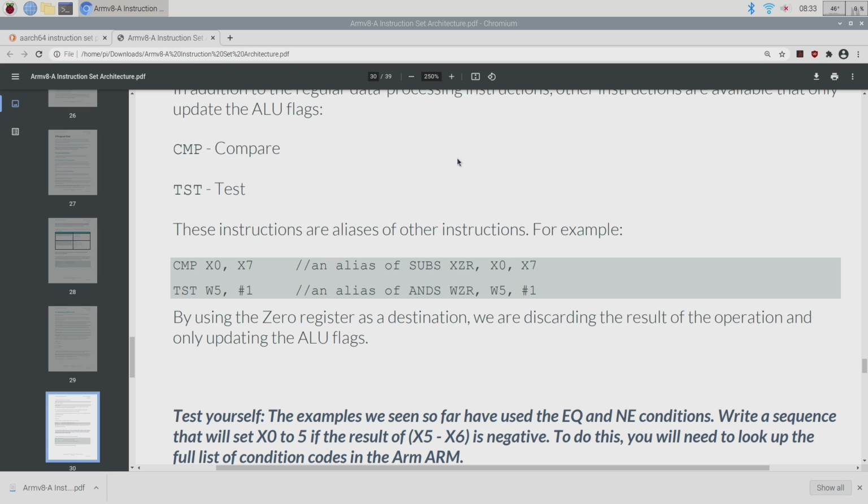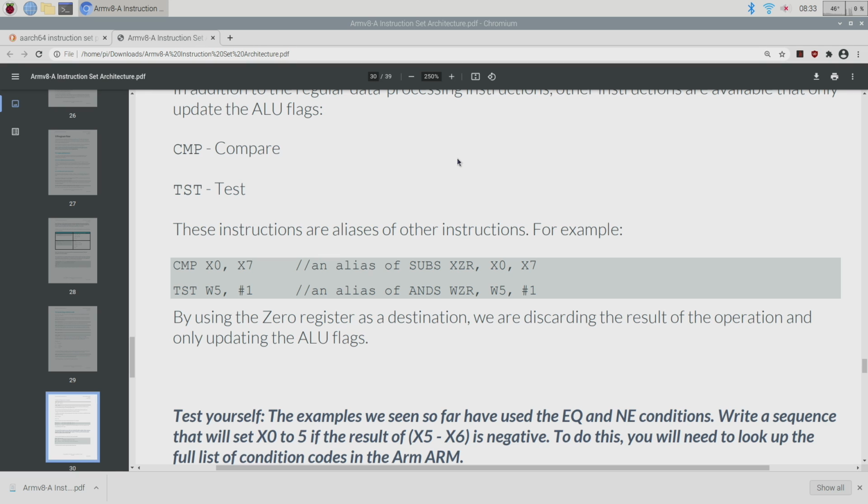So what does compare do between two registers? It subtracts one from the other and then sets the flags appropriately, okay? You would then follow this by a branch instruction that looks at the appropriate flags for whatever type of branch you want to do, less than, greater than, and so on, okay, whichever one you need.